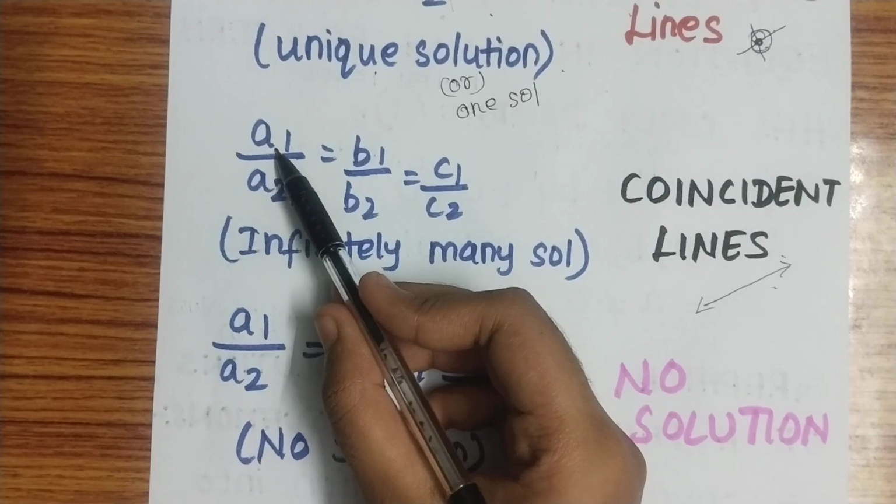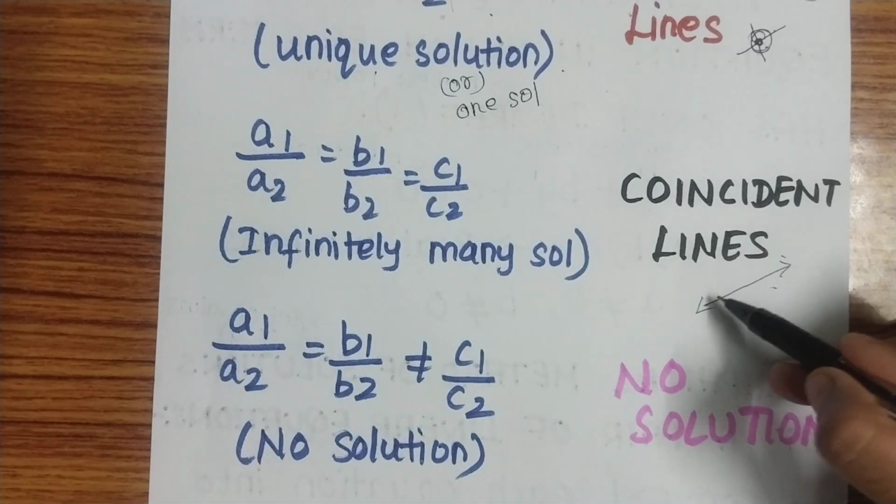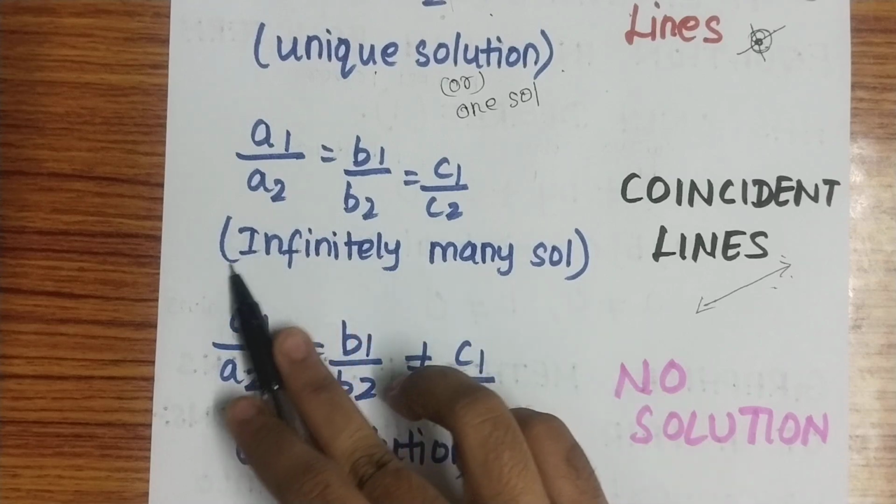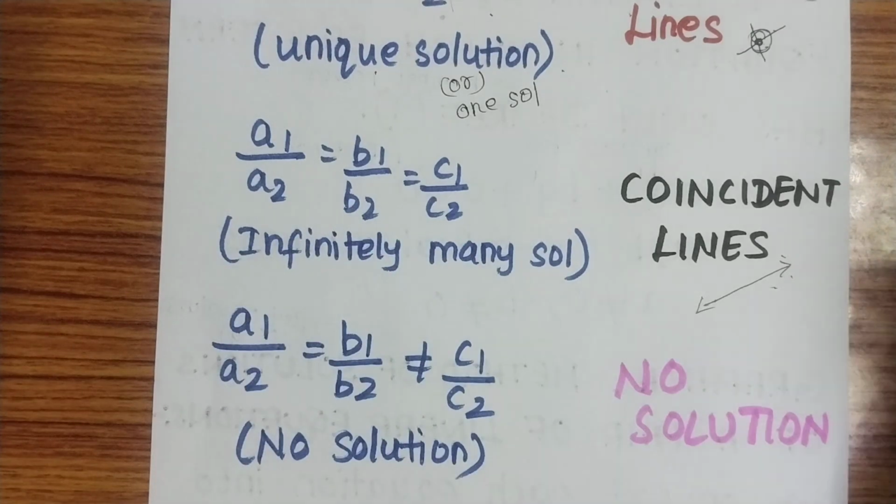By looking at the graph, we can say that it is a coincident line. It has infinitely many solutions.